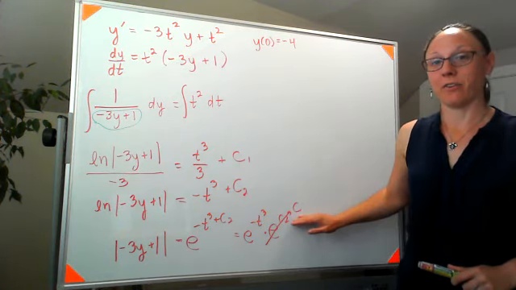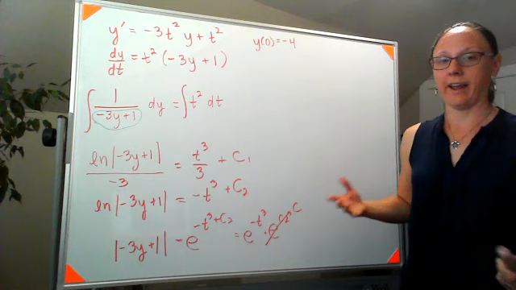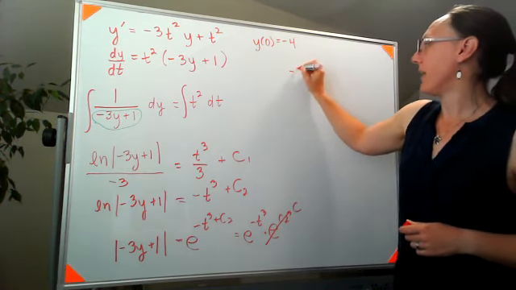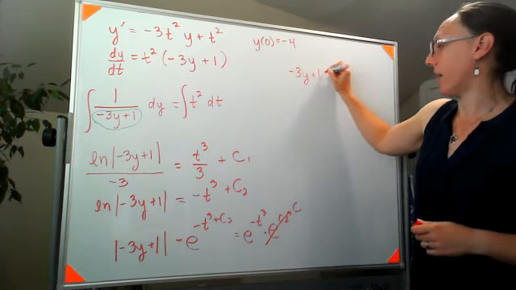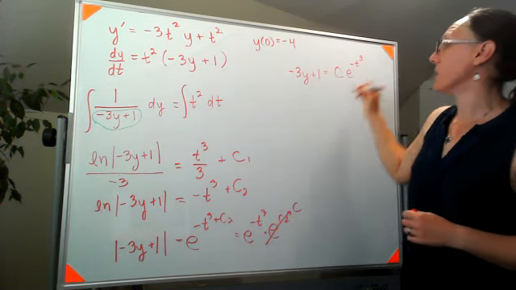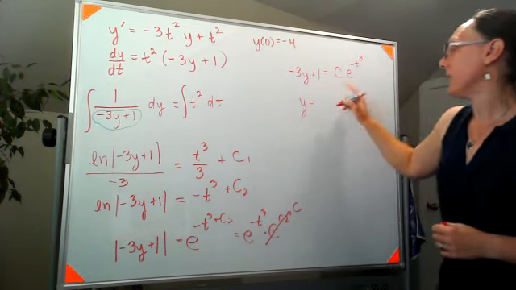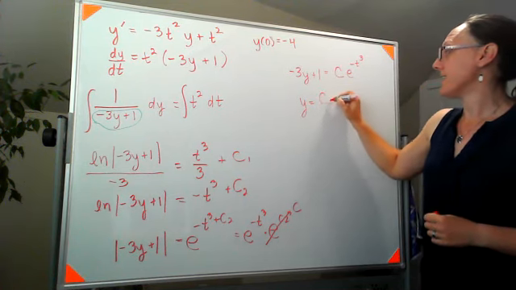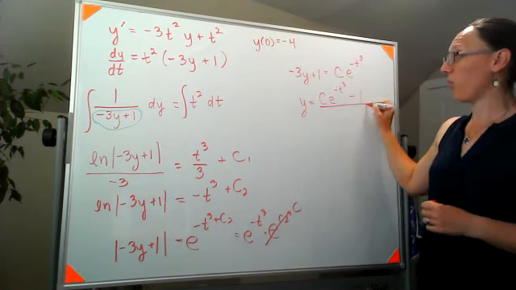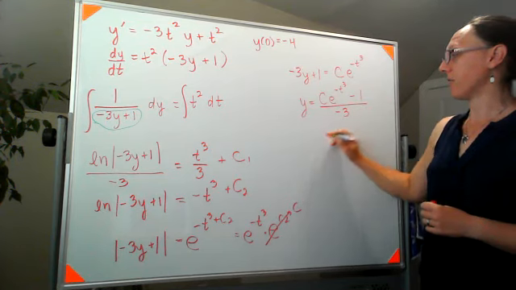We'll be able to figure out whether that constant should be positive or negative. So rewriting that up here, I'm at negative 3y plus 1 is equal to c e to the negative t cubed. So y is going to be c e to the negative t cubed minus 1, and then the whole thing is divided by negative 3.